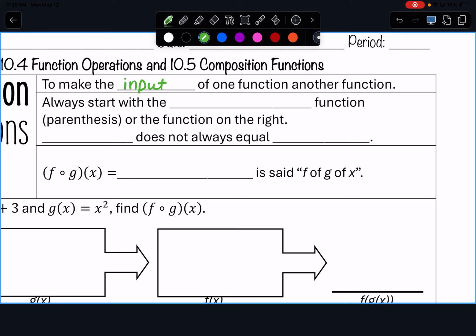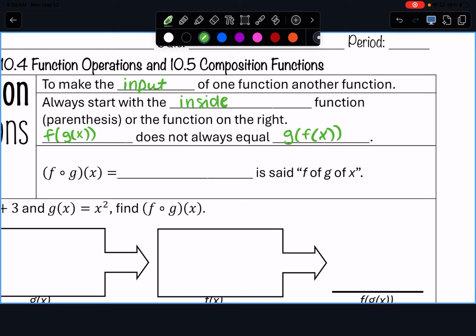We're always going to start with the inside function, or the function on the right. And f of g of x does not always equal g of f of x. In fact, most of the time it does not.